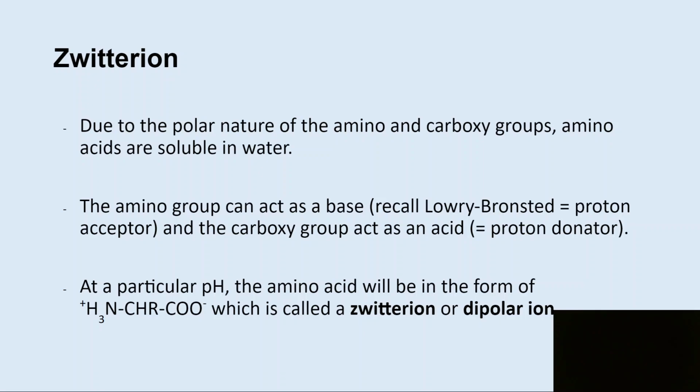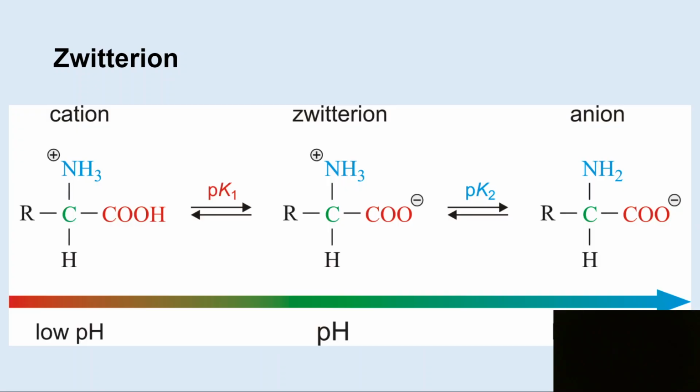Ion means a charged particle, and we can see it's got both charged ends. This is the important bit: the pH affects how that functional group looks. At low pH, high acidity, the amino functional group accepts that proton.